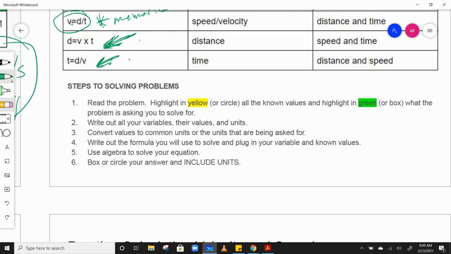And then I'm going to plug in the values and solve. And actually, when I do it, I do steps 4 and 5 all in one step. But you can do it however you want. As long as you show the work, it doesn't matter to me. Okay, and then when we get the answer, we box or circle our answer and include the units.